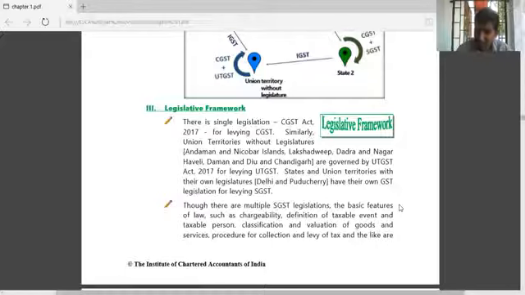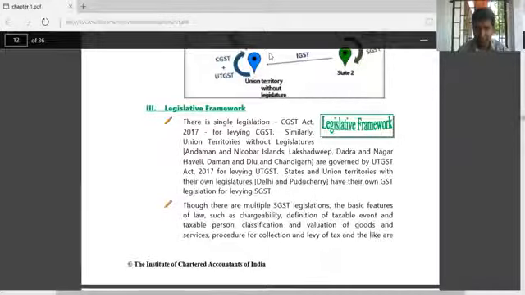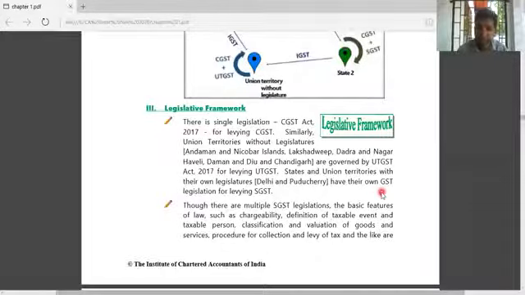So there were actually 7 union territories, but out of the 7, 5 are without legislation, whereas 2 union territories, that is Delhi and Puducherry, have their own GST legislation.